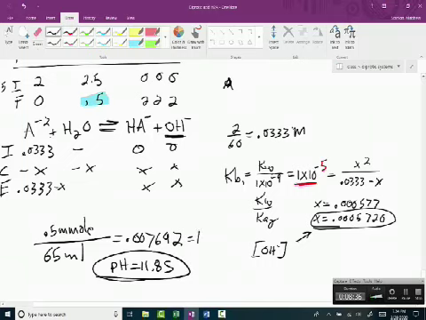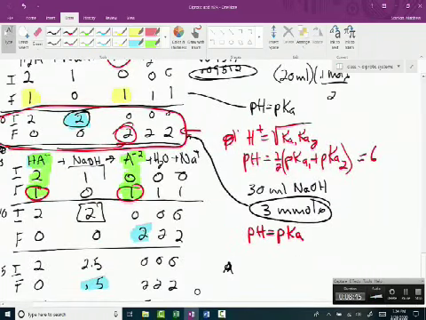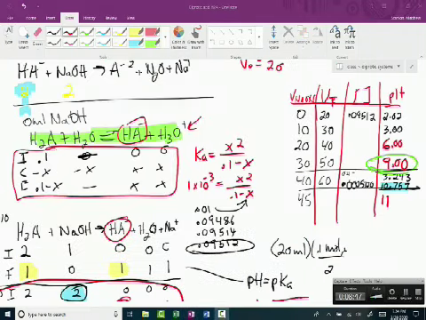Remember, this is concentration of OH. All right, so I put that number in my chart, and then I'm going to copy, and there we go, 11.88. Now we have to make the graph.